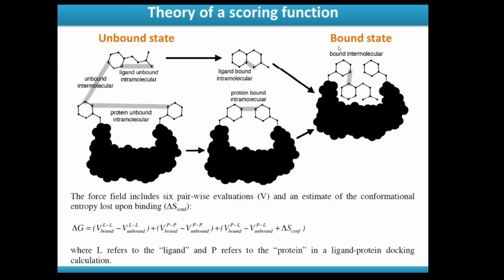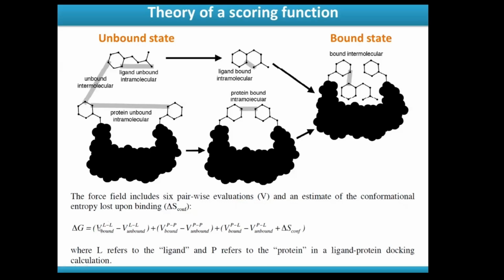These are three terms. And at the bound state, between the ligand and the ligand, between the protein and the protein, and between the ligand and the protein. These are six terms which are used. So they are put into this beautiful equation here, that is delta G, that is the binding energy of this ligand binding here.